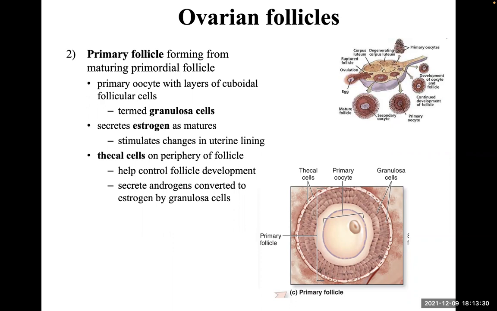So what happens is that once puberty occurs, which just like males, starts with a spike of GnRH from the hypothalamus, GnRH tells the anterior pituitary gland to secrete FSH and LH, again, just like what we see in male reproduction.